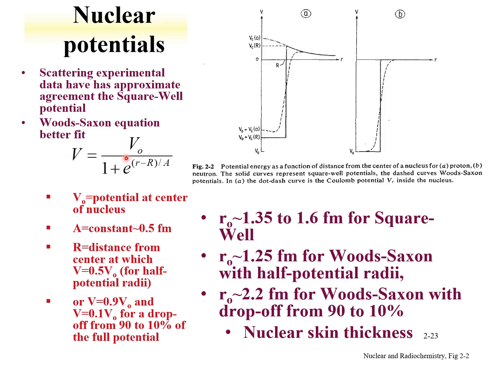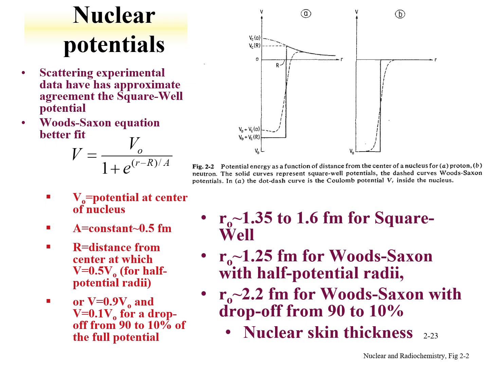And you can determine something about a potential by understanding the potential at the origin and applying this equation, where r is the distance, R is the distance from the center at which you get a half potential, a is a constant, and this is the potential at the center of the nucleus.